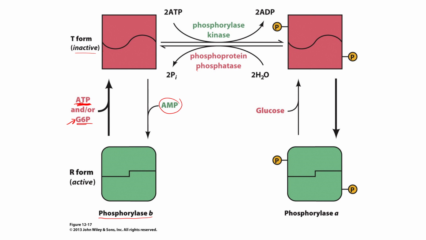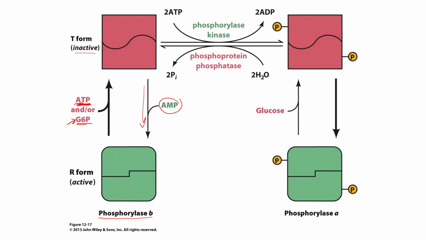AMP is an indicator that a lot of the ATP has been used up and there's a very low energy state in the cell, and the cell needs to make more ATP so that it can carry out its function. And so this makes sense that AMP would help phosphorylase B, even though it is dephosphorylated. AMP will help shift it towards the R state, towards that active state.